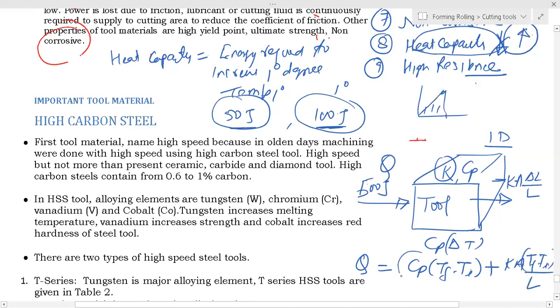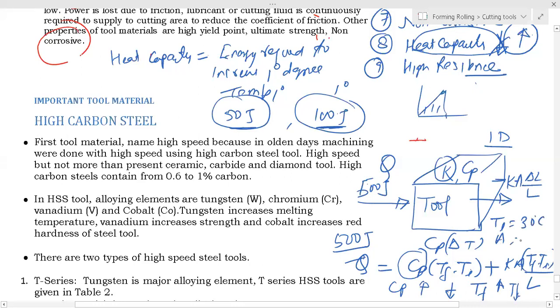If this is more, this is fixed, suppose 500 watt, or 500 joule, this is fixed. Everything is fixed. Now Cp increases and Cp decreases, and check whether T final increases or decreases. Keep T initial as, suppose, 30 degrees centigrade.